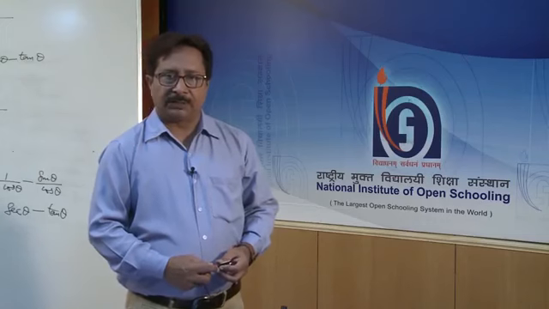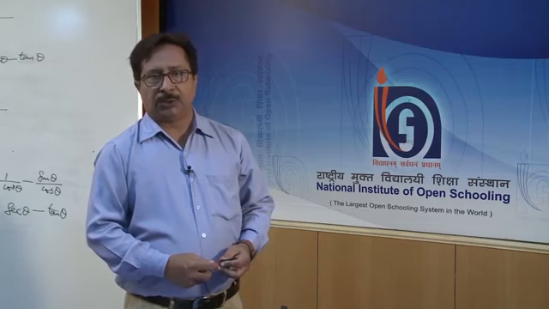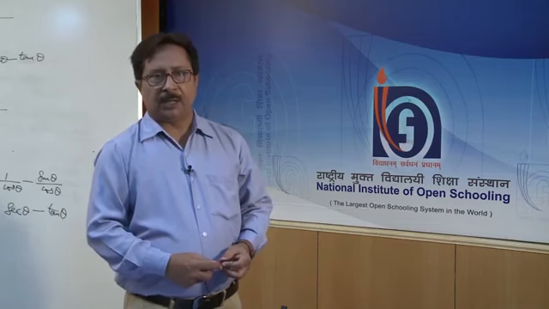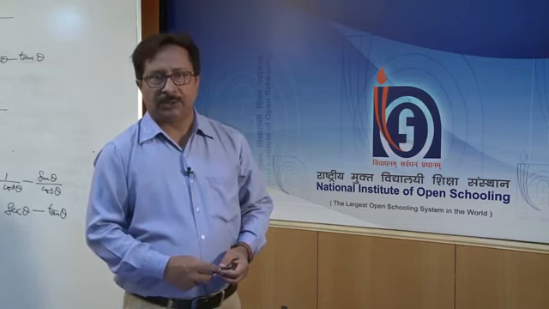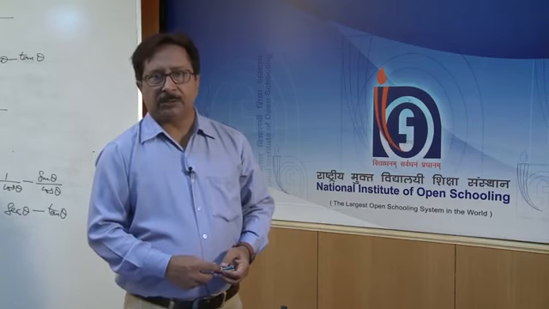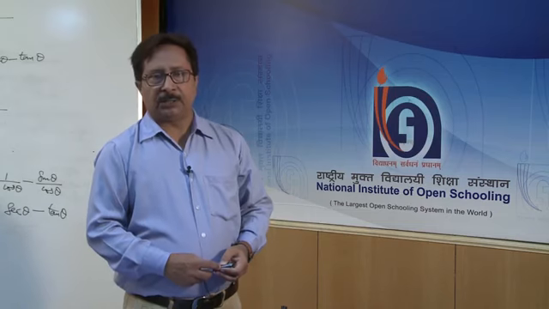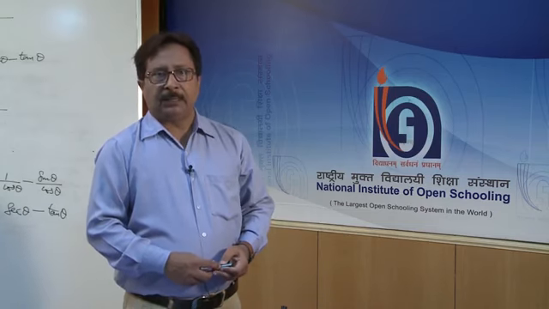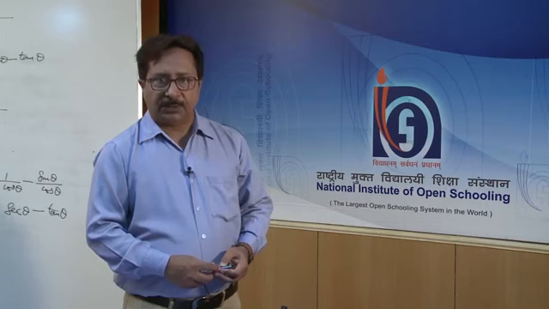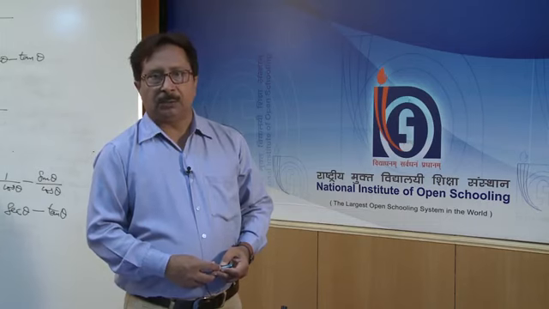So, we discussed trigonometric ratios, how trigonometric ratios change their sign from one quadrant to another quadrant. We defined another measurement of angle which is called radian.